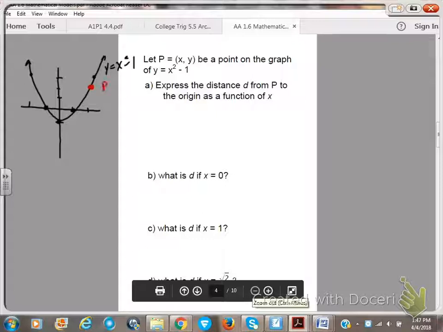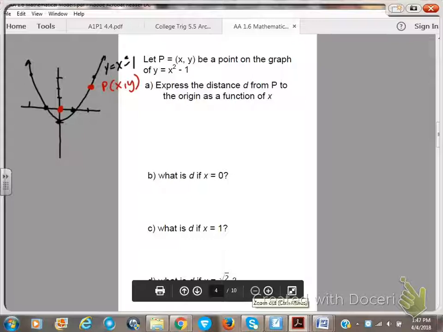That's the point P. We can pick any point, and I'm picking it in the first quadrant where both x and y are positive. The origin is the other part of the problem, because they want the distance from a point anywhere on the graph to the origin. You can't make it the same point every time, because you have to be able to write a function of it, which means we're writing an equation.